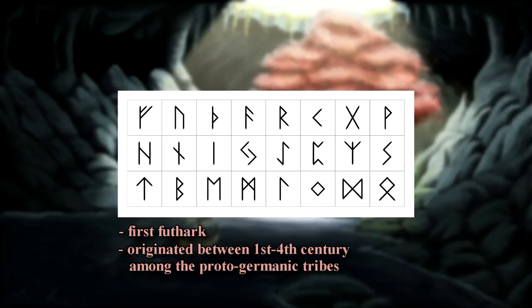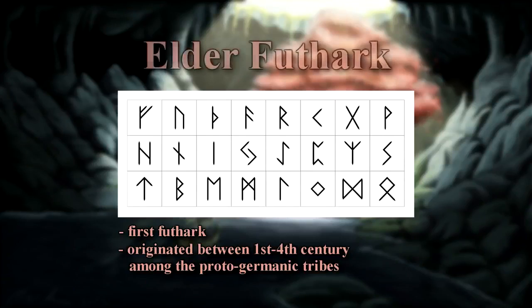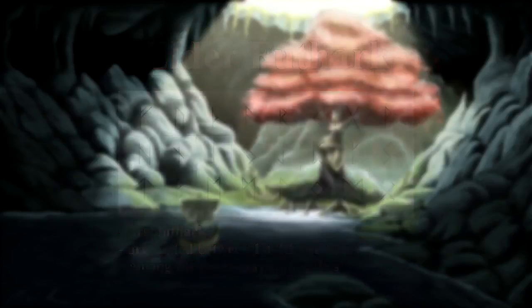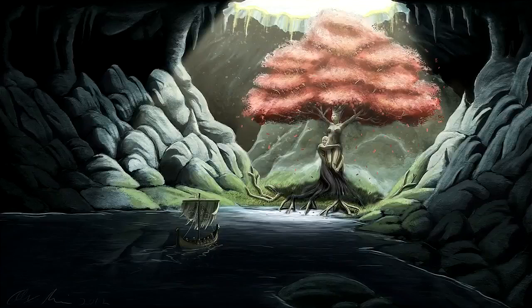This futhark is the first fully developed runic alphabet known to us, so it's therefore called the Elder Futhark. In the following centuries, the usage of the Elder Futhark spread to other Germanic tribes, but as many more groups came to adopt it, and their languages and dialects changed over time, the runic alphabet was being modified to better suit the vocal changes in the evolving languages.